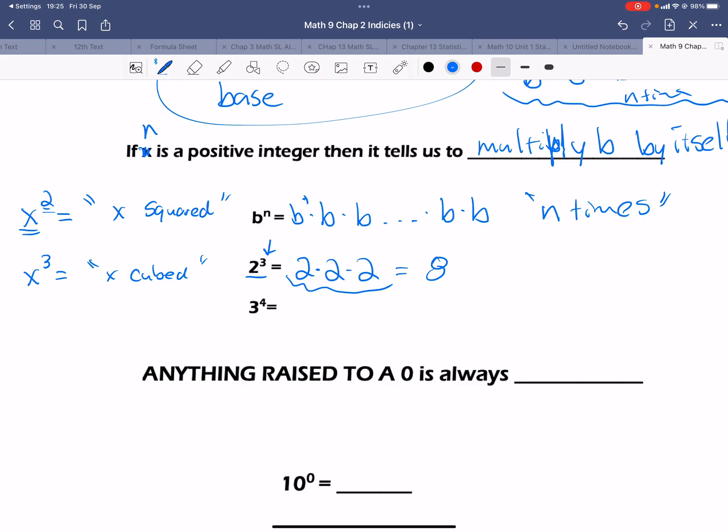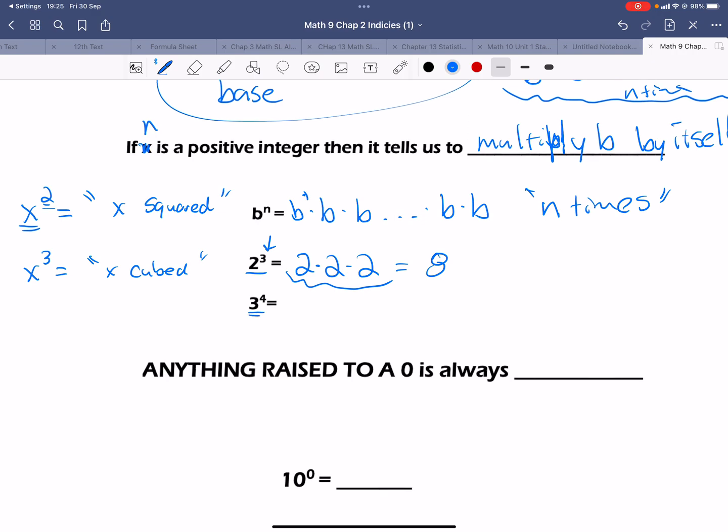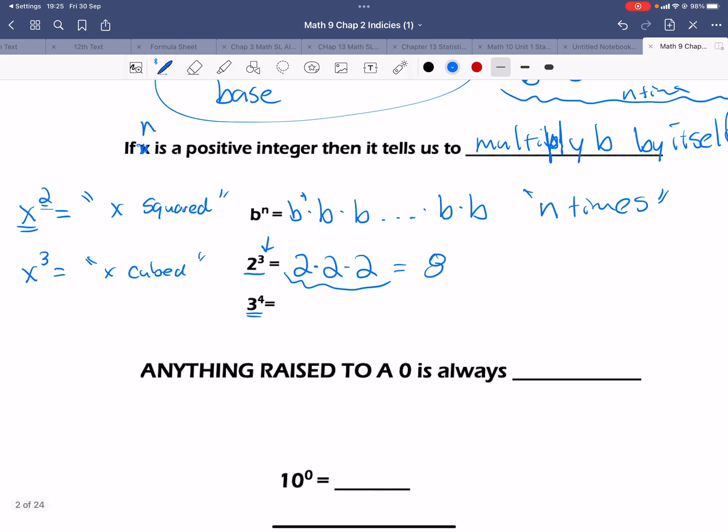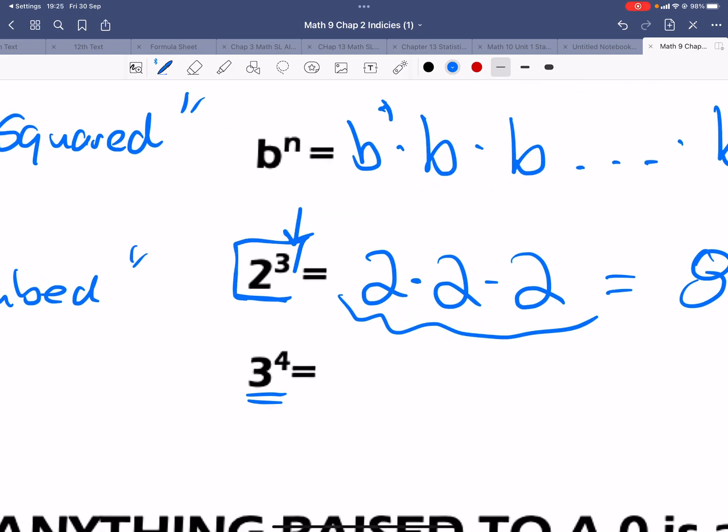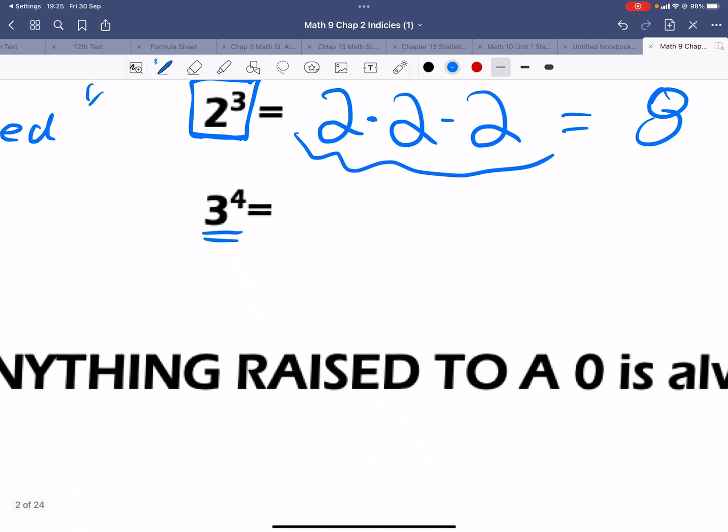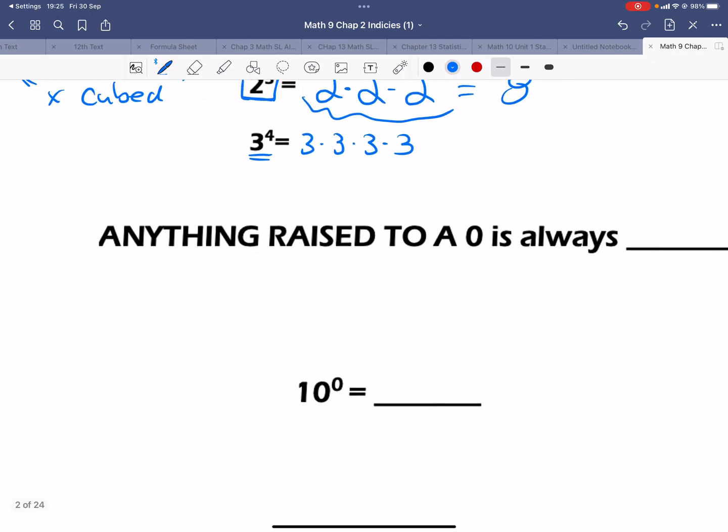If you hear cubed, it means raise it to the 3. And then everything after that, we go to whatever number it is. So like this is 3 to the 4th. Right here, we could say 2 cubed. We could read that out as 2 cubed, and that's how it would come out. So 3 to the 4th is 3 times 3 times 3 times 3. And we go from there.